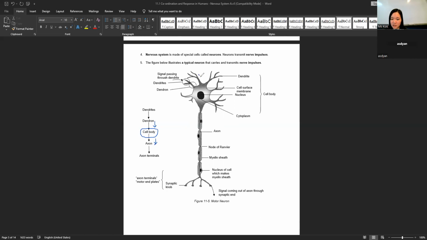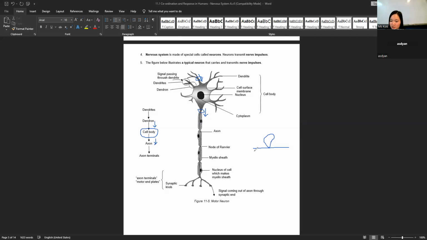So the name of the branch depends on how the nerve impulse moves. Here you can see that the nerve impulse moves in this direction and then moves in this direction. So this part here will be called the dendrite, and this part will be called the axon. You understand what I mean? If this is the cell body, you have two branches like this, and you don't know which is which. If I never tell you the direction of the nerve impulse, you cannot deduce on your own which is which.